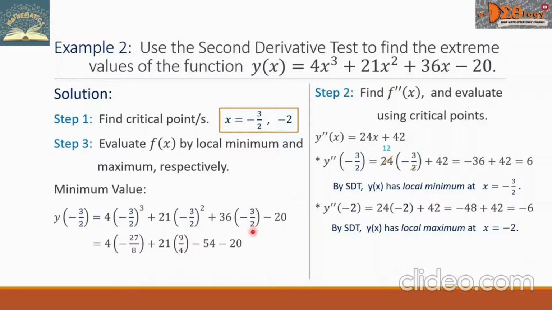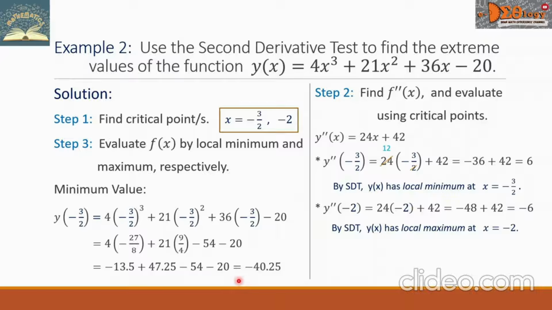This negative 3 halves times 36, we will get negative 54. Then we simplify further. This 4 times this fraction will give us negative 13.5. 21 times 9 over 4 is 47.25. Then we copy negative 54 minus 20.